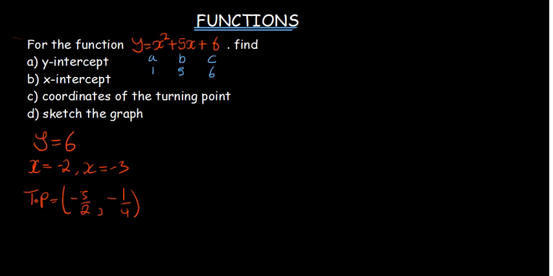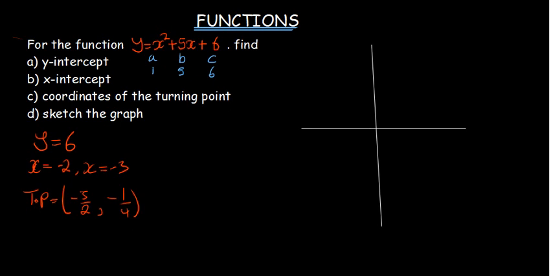We can do the sketching now. Okay, so do it in this manner. Alright, so now here we have to put the values that we got. The y-intercept is this.